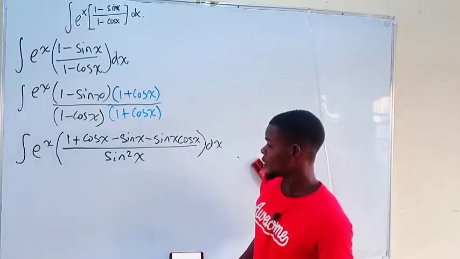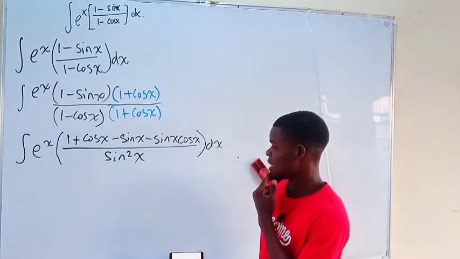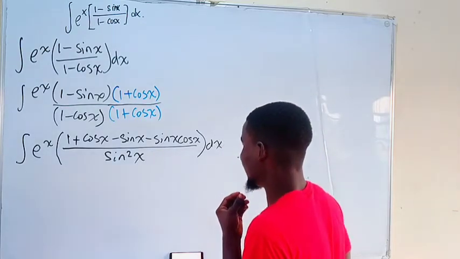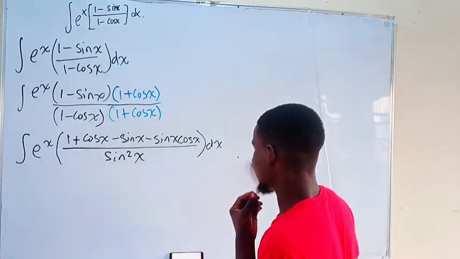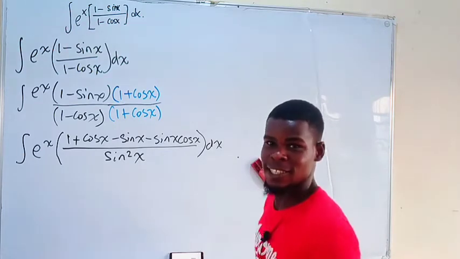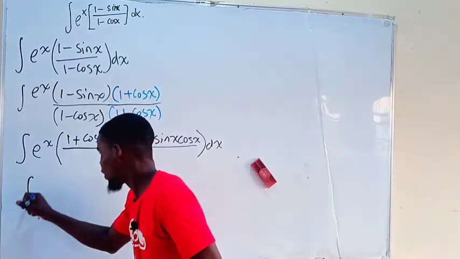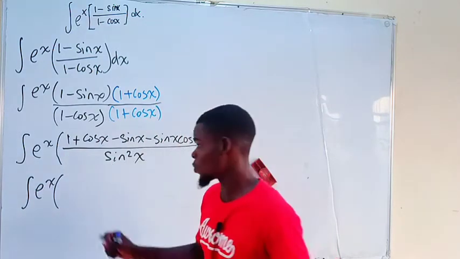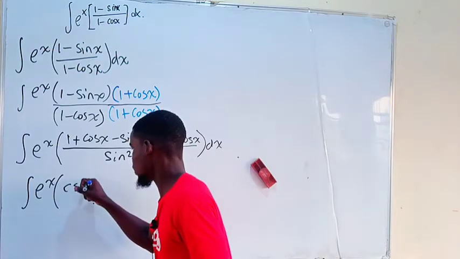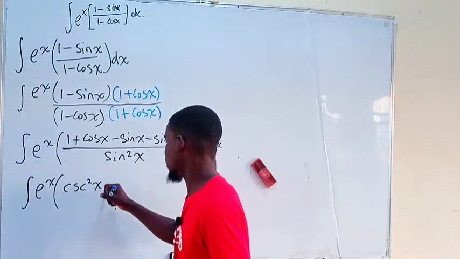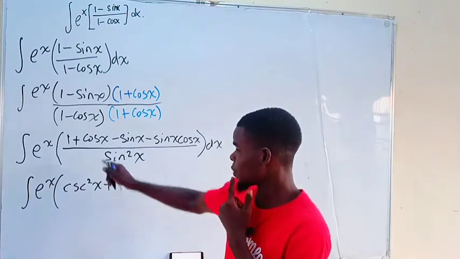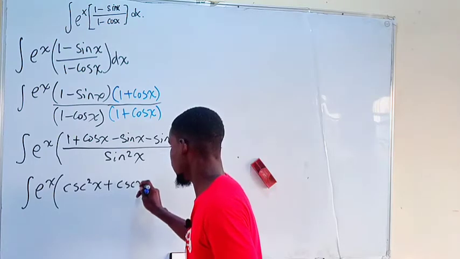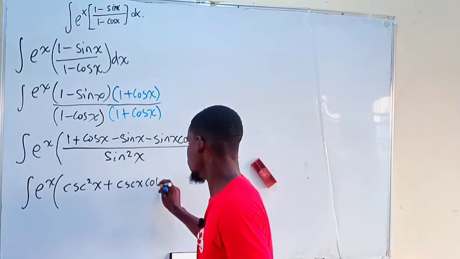Great. And then from here, well, should I cancel out some things? Well, let's just cancel out some things and see what we have. We have e to power x, and then 1 over sine squared x is cosecant squared x, alright? So we put down cosecant squared x, and then plus cosine x over sine squared x. That is cosecant x, then times cotangent of x, right?